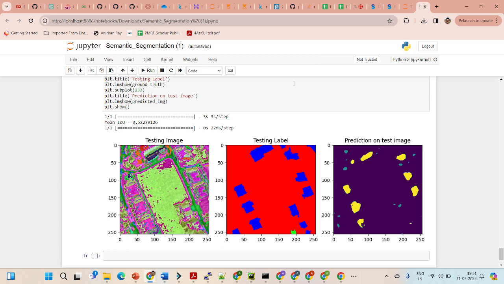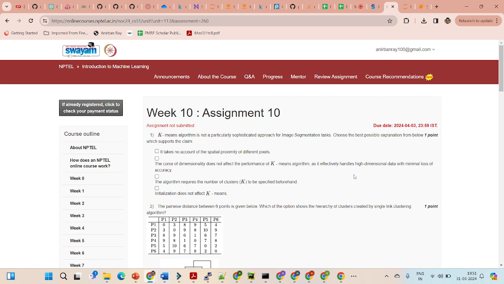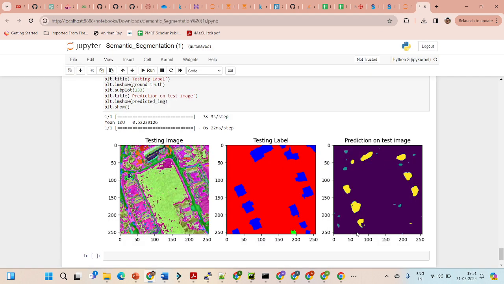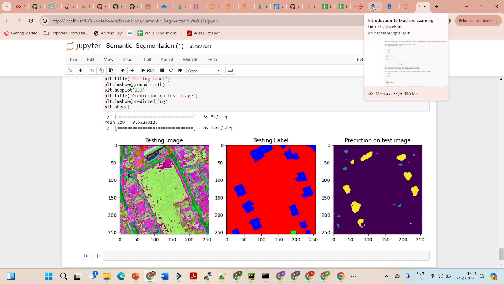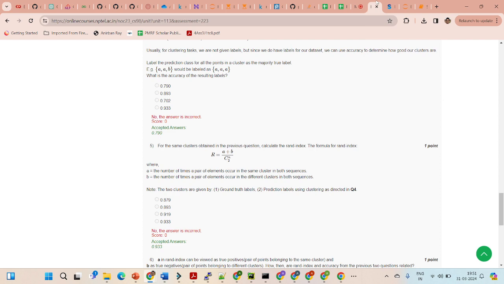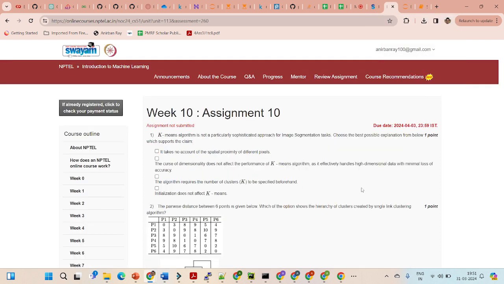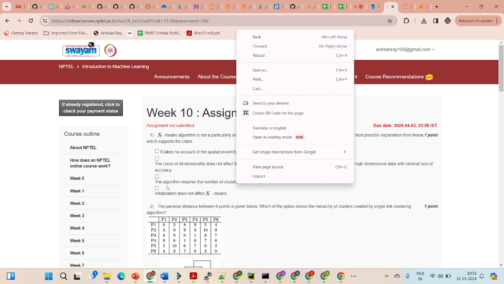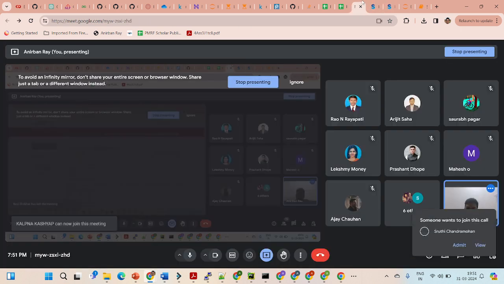That is one problem. In our supervised case, we know the number of labels. In this question it was given 3, so I have to segment into 3 parts.